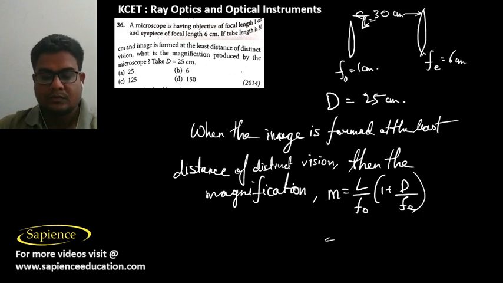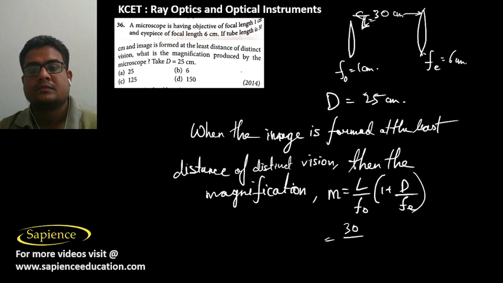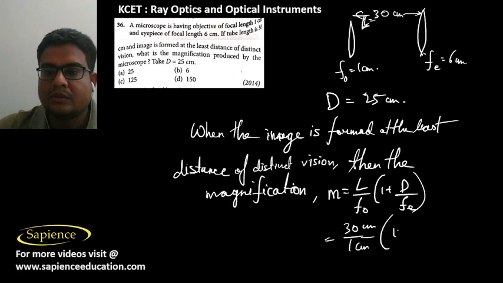Which is equal to 30 centimeter by 1 centimeter into 1 plus 25 centimeter by 6 centimeter.